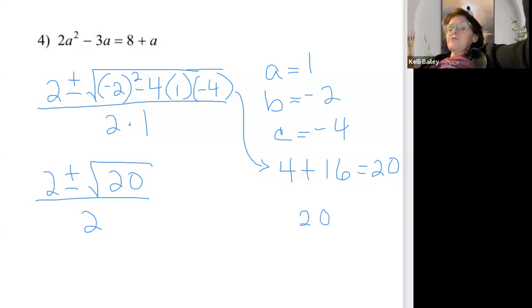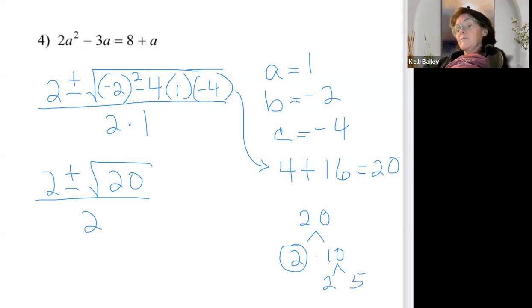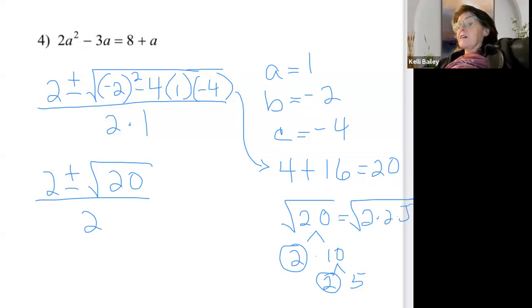Notice this. If I do a factor tree for 20, 2 times 10, and then that's 2 times 5. So that means that the square root of 20 is actually the square root of 2 times 2 times 5.